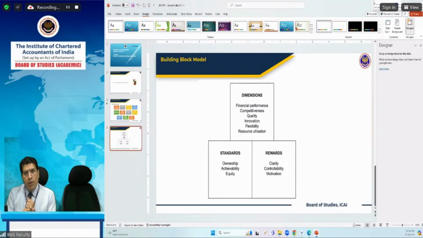First of all, we have to analyze our internal environment and external environment. After analyzing our internal strengths, weaknesses, and external environment, we have to identify options. What are our options to grow a business?